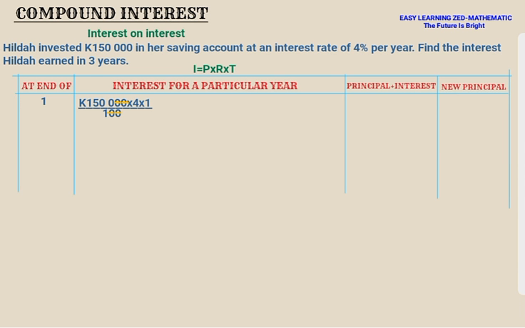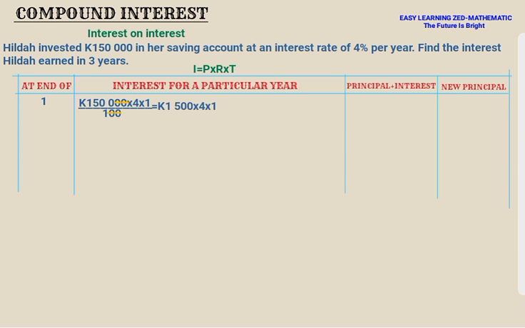Then 1 into 1,500 kwacha will go 1,500 kwacha, which we are going to multiply by 4, then later by 1. We're not going to write anything underneath because down there we have 1, which we have used to divide 1,500 kwacha. We have divided 1,500 kwacha by 1.